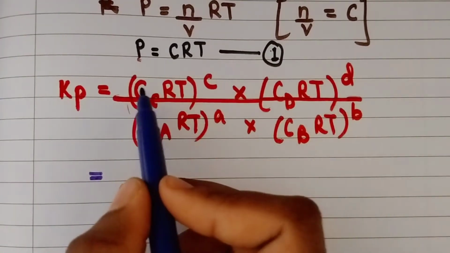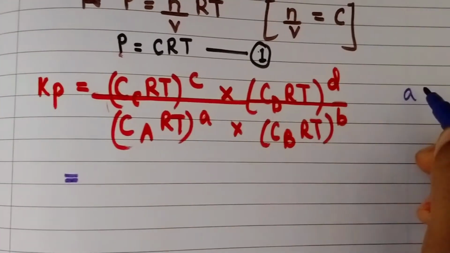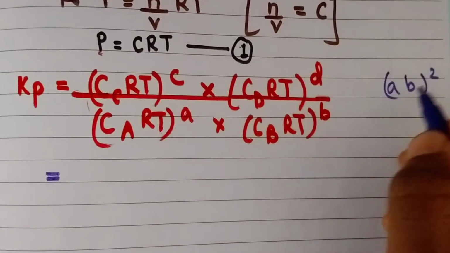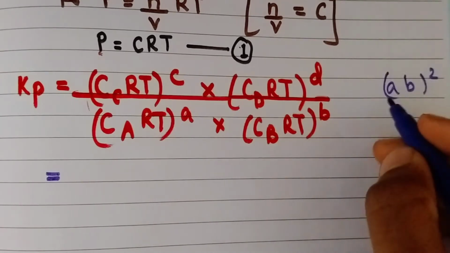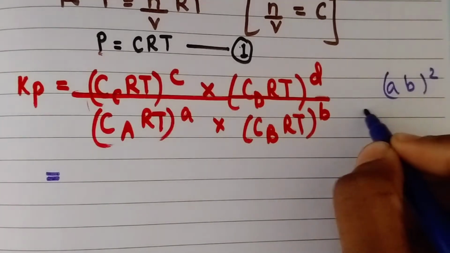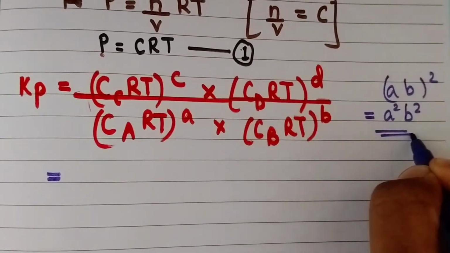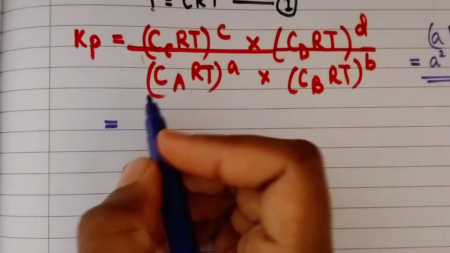In our next step we'll be distributing them. As you all know, if AB is raised to 2, as a whole bracket squared, then when we distribute them we write A square, B square, right? You all remember this. So we'll use the same thing.